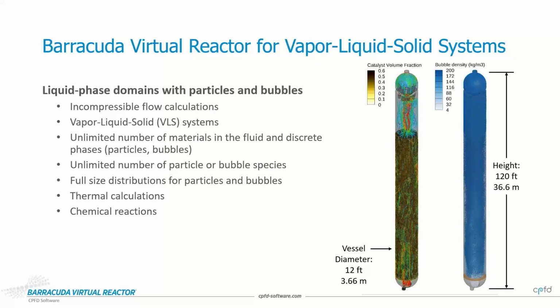And again, there's an allowance for unlimited materials in the fluid phase, as well as unlimited particle species, each with their own drag models, physical properties, material compositions, and particle size distributions. There's the capacity for discrete bubbles for gas in the system, and these bubbles can coalesce and break up, and they likewise can interact chemically with all phases.